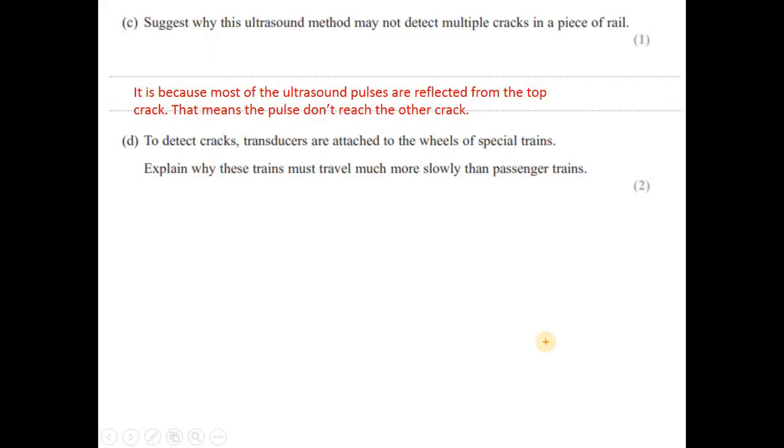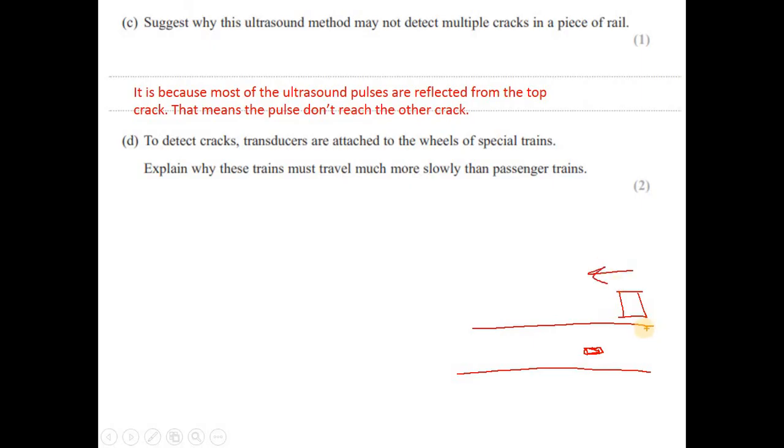To detect cracks, transducers are attached to the wheels of special trains. Explain why these trains must travel much more slowly than passenger trains. You see that if the train is moving faster on the track, and suppose this is the crack, and this is the train which is moving.